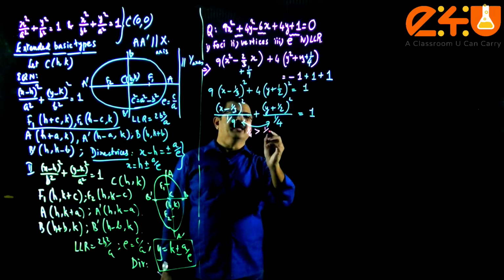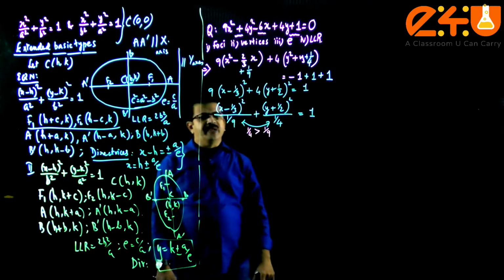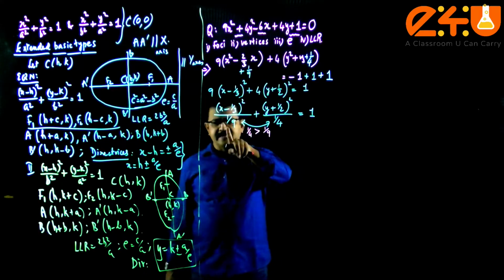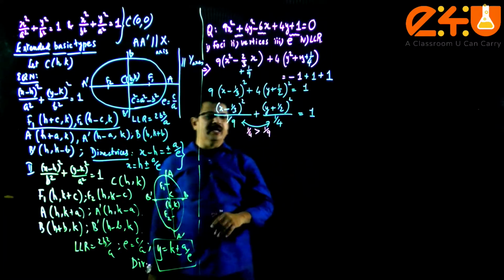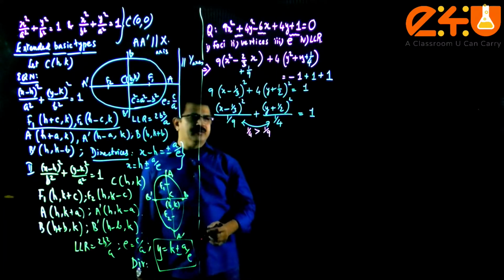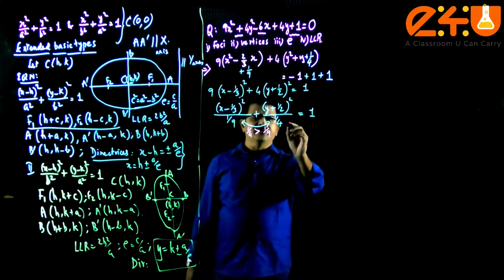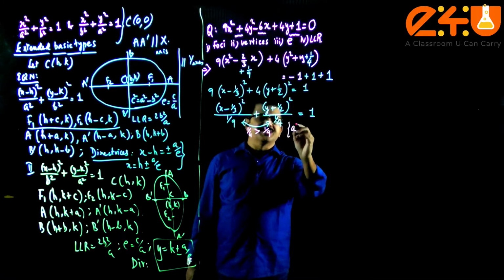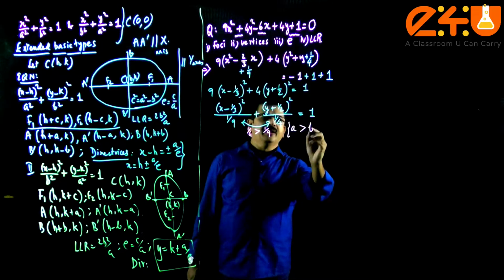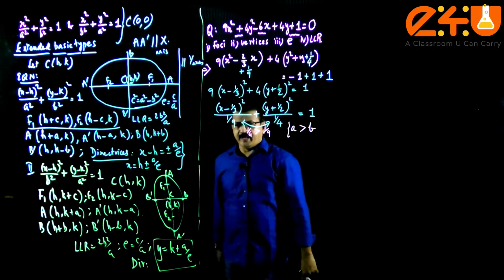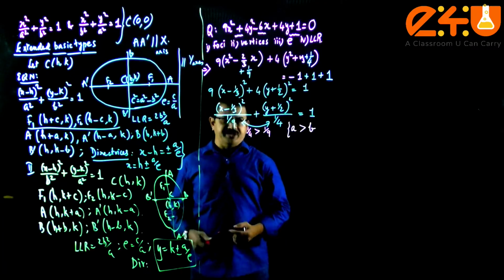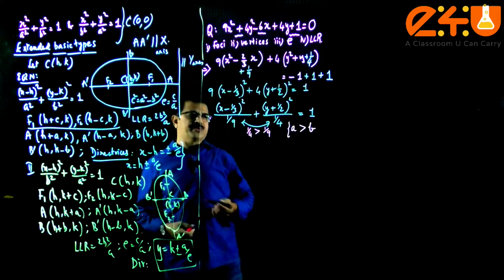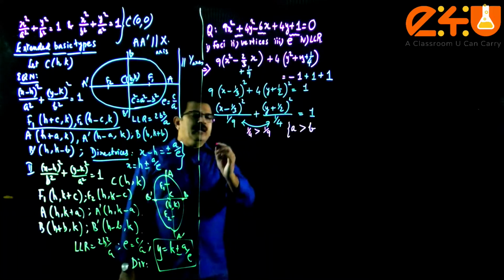If I take 1 by 9 as a², definitely I will be wrong. 1 by 4 should be a², because in the case of an ellipse, a is always greater than b: the length of the major axis is greater than that of the minor axis, so a² is greater than b².